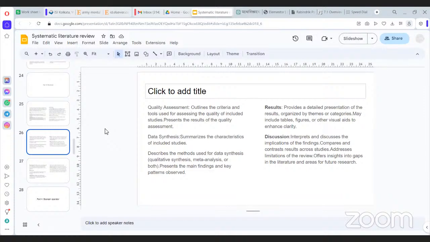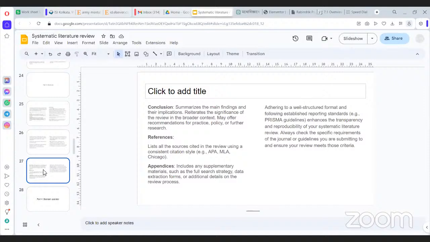That is the comparison and contrast. That means if there is any heterogeneity in the study, you have to carefully mention that heterogeneity is noted in a particular subgroup. Okay. This part is very important.